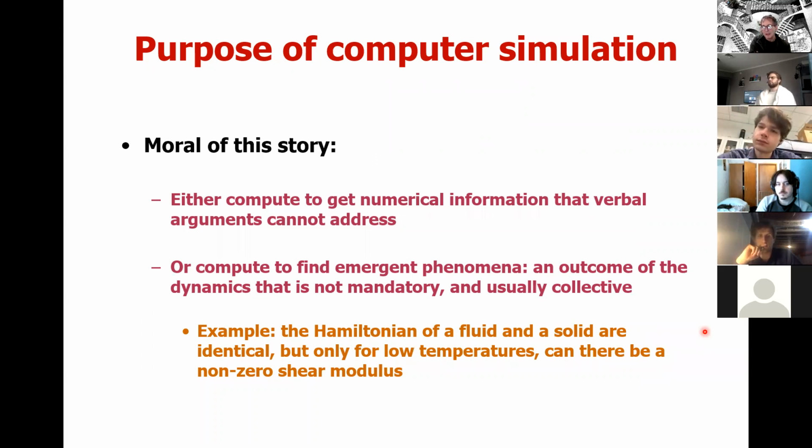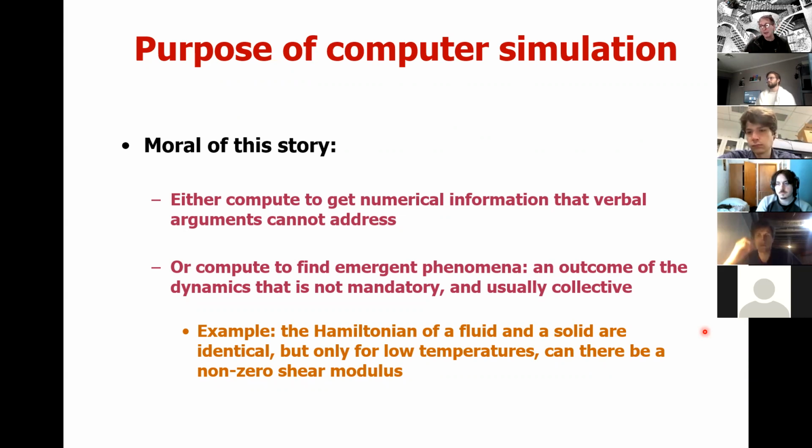When you're doing computer simulation, there are two things you can do. You can use it to try to compute numbers that you can't compute analytically. So let's suppose I want to know the band gap of silicon. I can't compute that analytically, well, at least I can't. Maybe there are people who can.